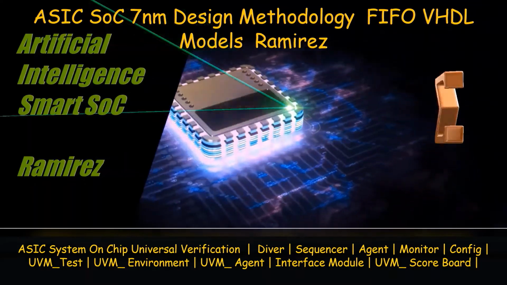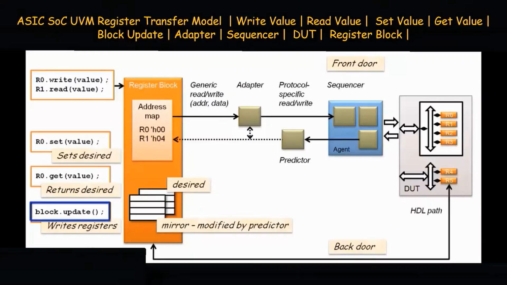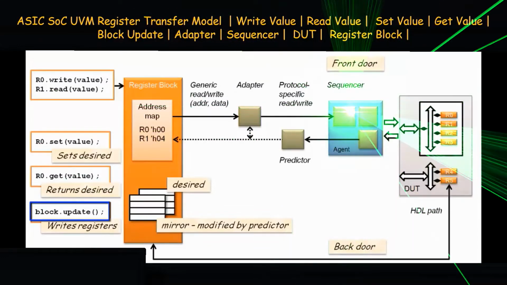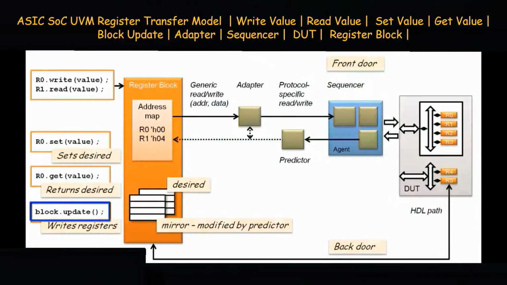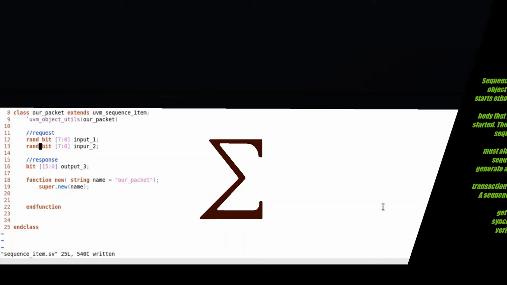The agent sends information to the predictor and transfers information back from the adapter to the address map registers R0 and R1.